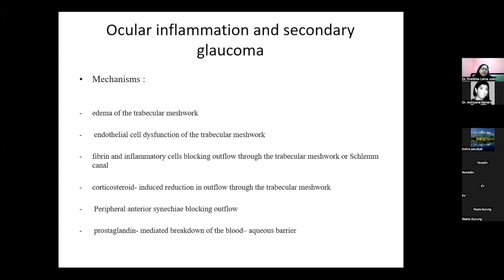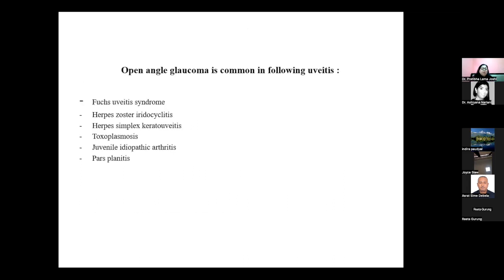The mechanism may be due to edema of the trabecular meshwork, endothelial cell dysfunction, fibrin and inflammatory cells blocking the outflow through the trabecular meshwork or Schlemm's canal, and the corticosteroids that are used in the inflammation also increase the intraocular pressure by reducing the outflow from the trabecular meshwork, peripheral anterior synechia blocking the outflow, and prostaglandins that cause the breakdown of the blood aqueous barrier. Open angle glaucoma is common in these uveitis.